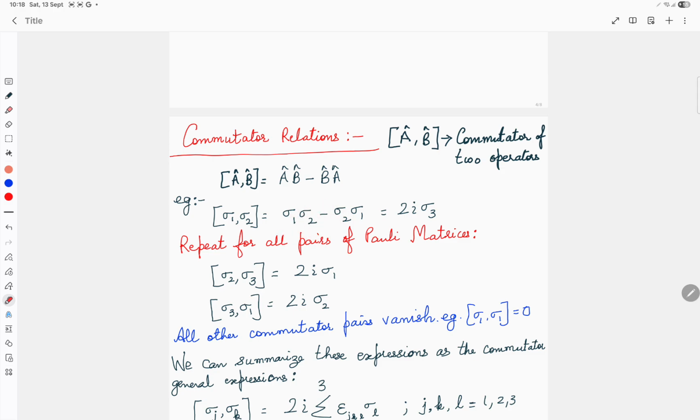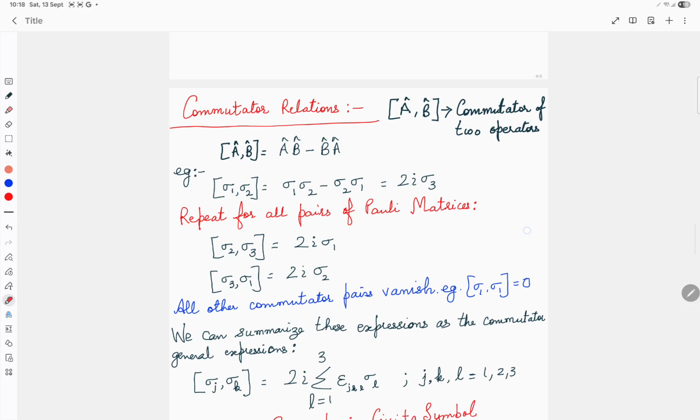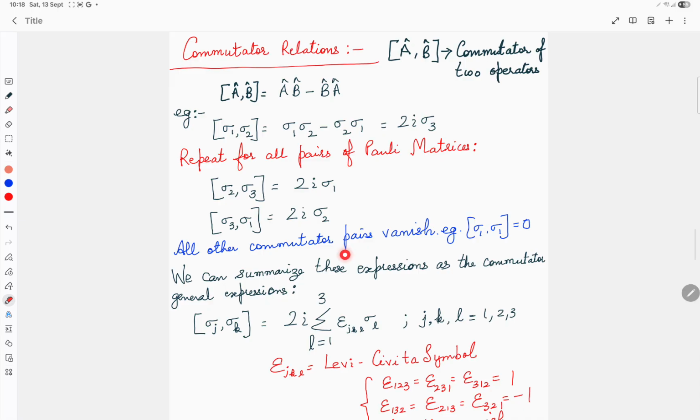For sigma 3 and sigma 1 we will get 2i sigma 2. All other commutator pairs will vanish, being equal to 0. For example, the commutator of sigma 1 with sigma 1 is 0, sigma 2 with sigma 2 is 0, and sigma 3 with sigma 3 is 0.